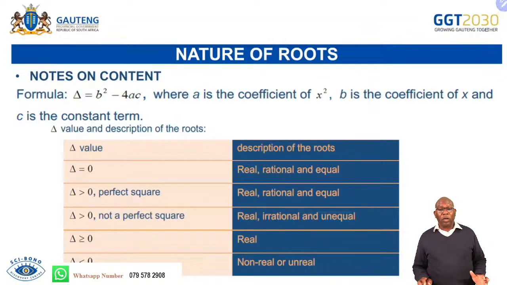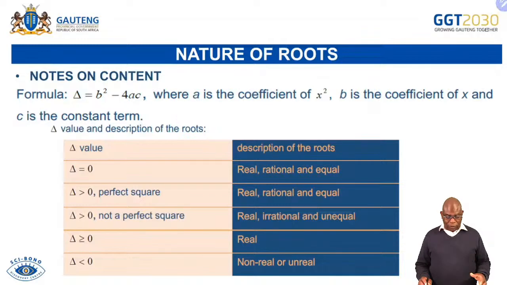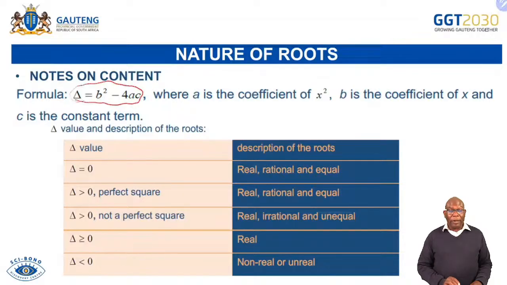So those are the two things that we're going to be looking at in these questions. Now, if you look at the notes on this content, this table is very important. The formula that we're going to use for determining the nature of the roots, what type of answers are we going to have? The answers will be determined by what is inside the square root. Now look at this. This is called delta. So it's called delta equals b squared minus 4ac.